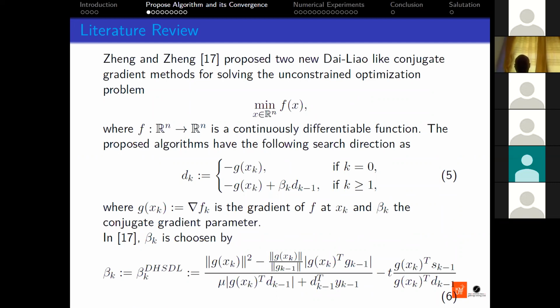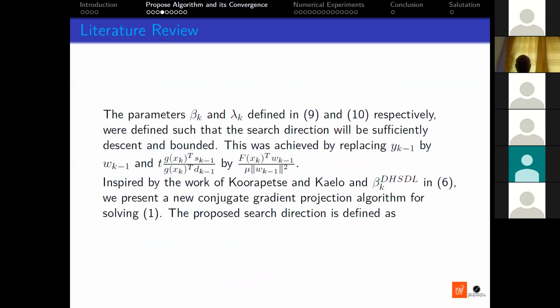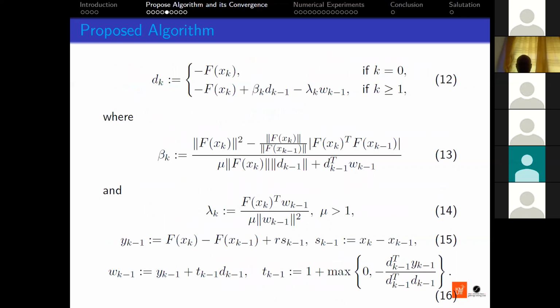And hence, we cannot show that the sequence generated by the algorithm converges to the solution. So that is why here we replace yk with wk minus 1 in 13, and replace g of xk by f of xk.